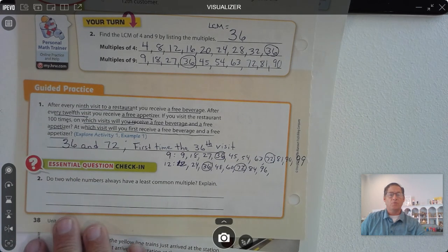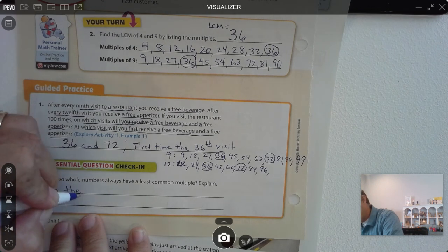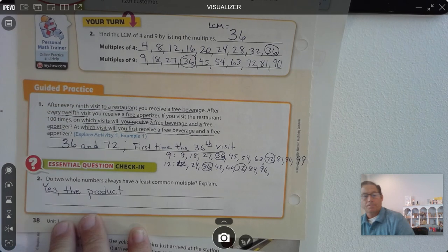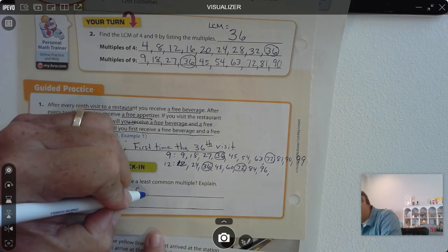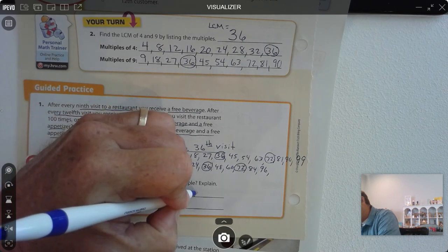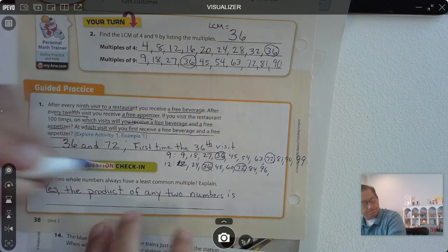So do two whole numbers always have a least common multiple? Yeah, they have to. Okay, because the product of any two numbers is a common multiple.